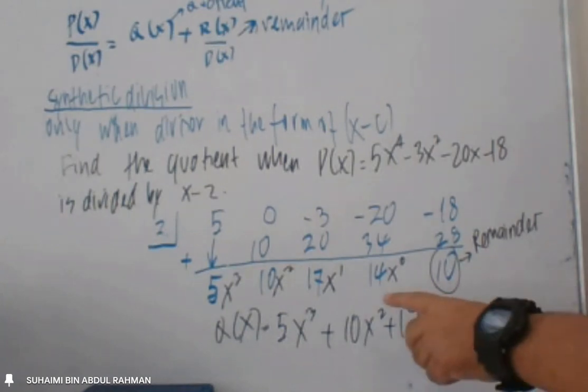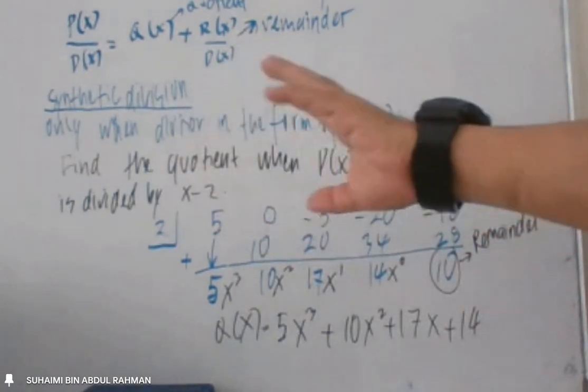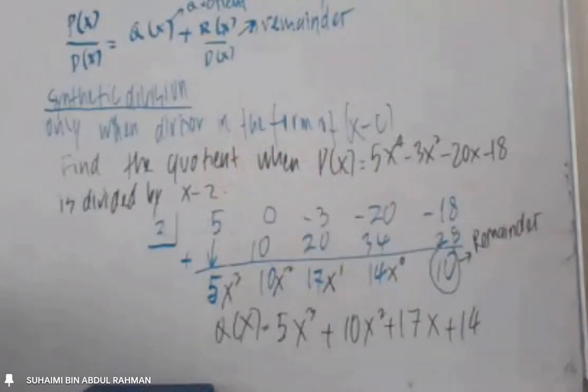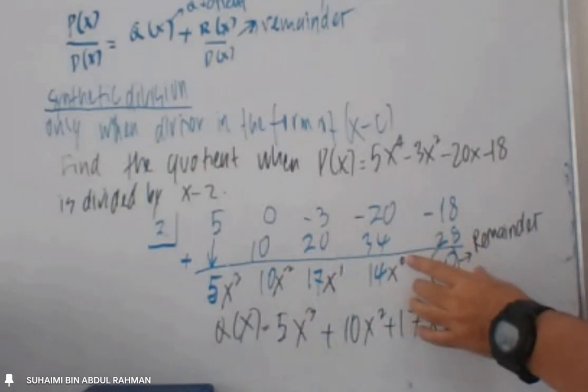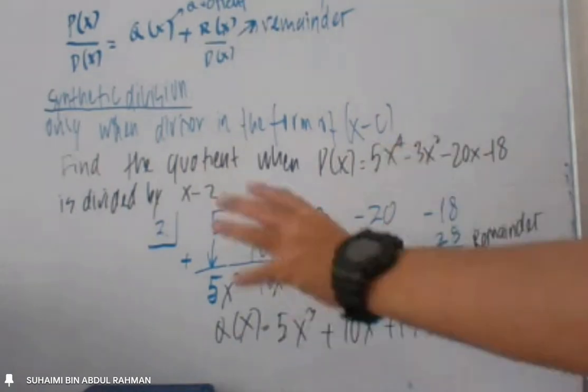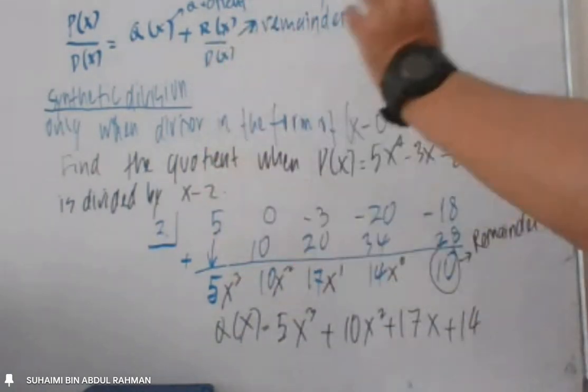Now, this question does not ask for the remainder. This question wants to find the quotient. So it doesn't matter. This is the quotient and this is the remainder. If the question asks, the remainder is 10. But in this case, the question asks to find the quotient.